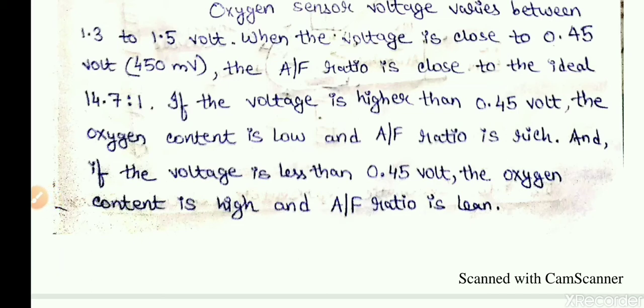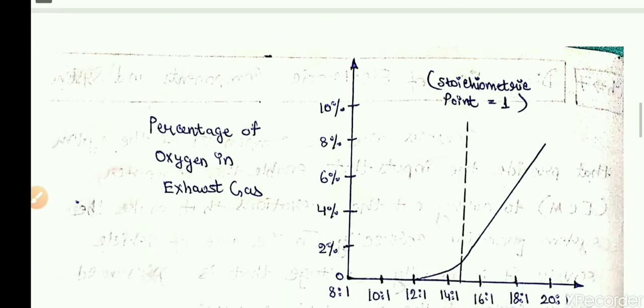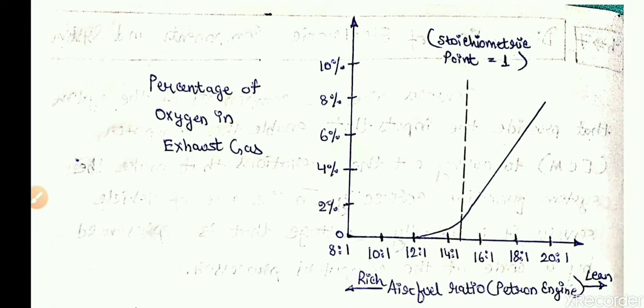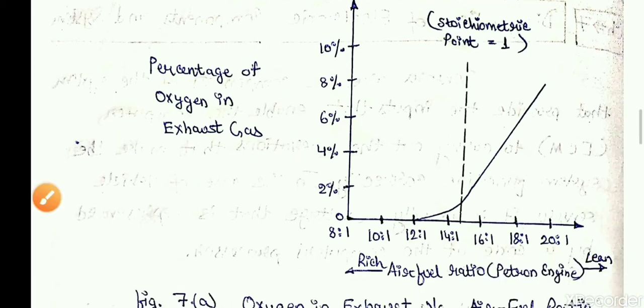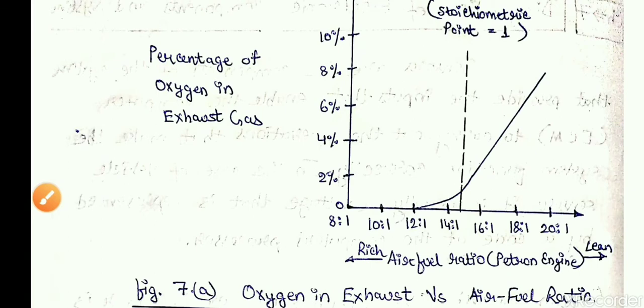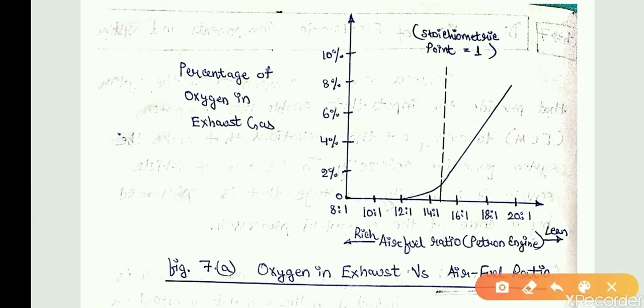Okay, now see the graph. This is the same graph. Over in the y-axis we see the percentage of oxygen in exhaust gas, that is 2%, 4%, 6, 8 and 10%. And in the x-axis we are going to see the air fuel ratio of a petrol engine.